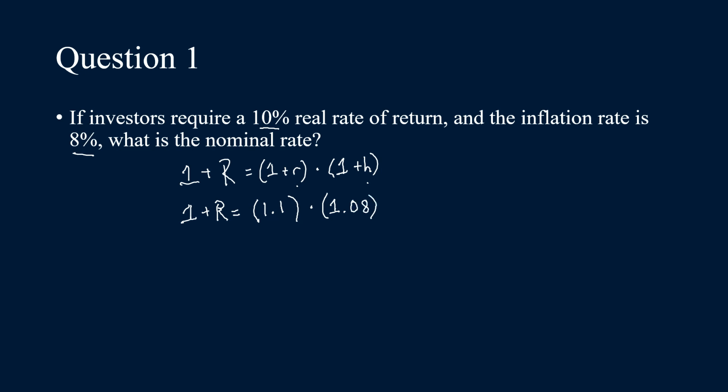And so now it's just a matter of doing the math. So we have 1 plus R, and I'm going to go ahead and multiply this on the calculator. 1.1 times 1.08.